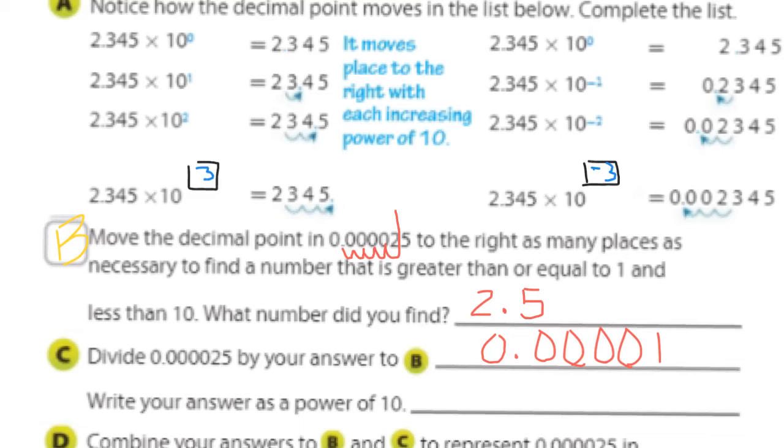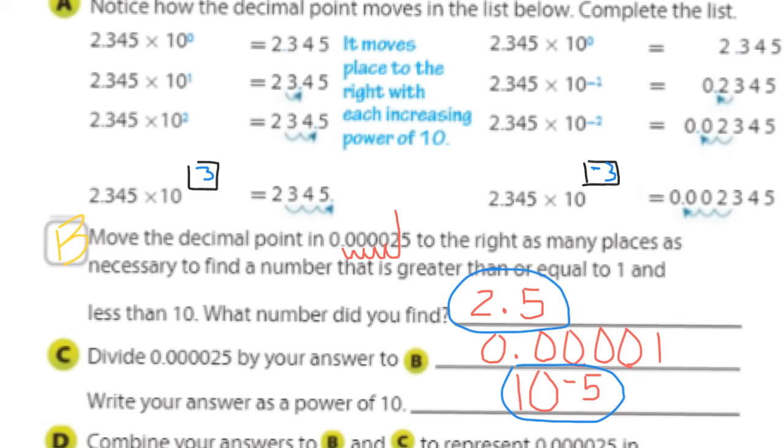And then just like you did in your Are You Ready, you want to write this answer as a power of 10. So this comes from the Are You Ready. That would be 10 to the negative 5th power. So these are the two building blocks that you need to write your answer in scientific notation.